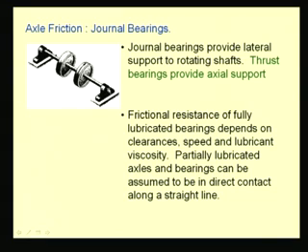So, the frictional resistance that occurs between the axle and the bearing block depends on many factors, primarily the clearances between the axle and the journal block, the speed with which the shaft or the axle is rotating, and the viscosity of the lubricant that is being used.